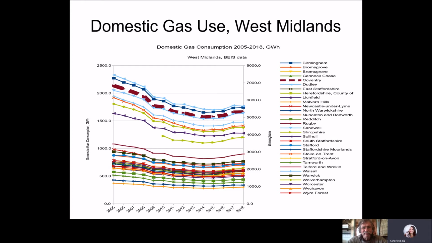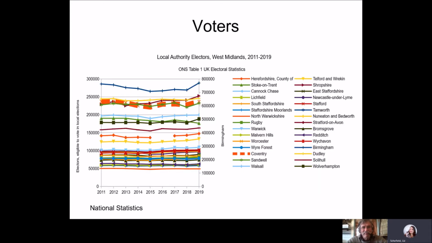Next slide. And we just looked at everything we could find. We could find data about another proxy for population, the number of voters, and it's the same story. This is all voters, so it will include Eastern European migrants. It shows that in Coventry, the trend is very similar to its neighbors.